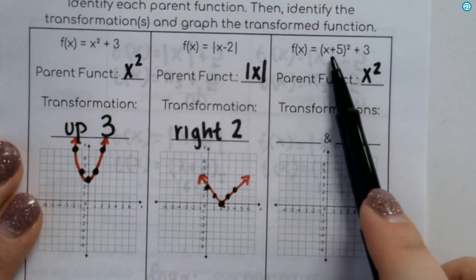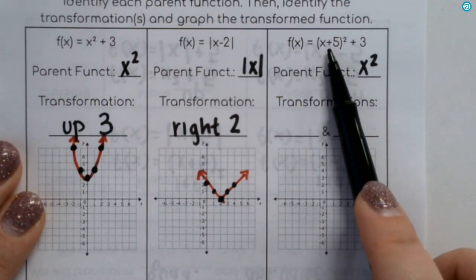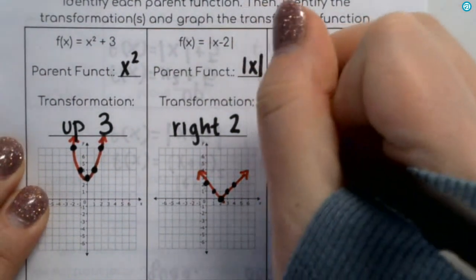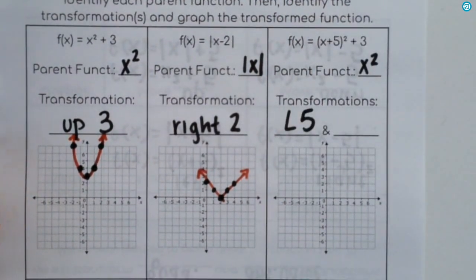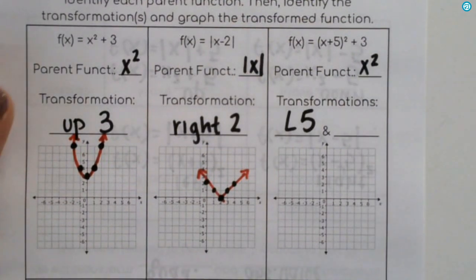And then we are adding inside here. Adding this +5 inside moves us left. So on my first blank, I'm going to write L5, L for left. And then the plus 3 outside tells me to move up.